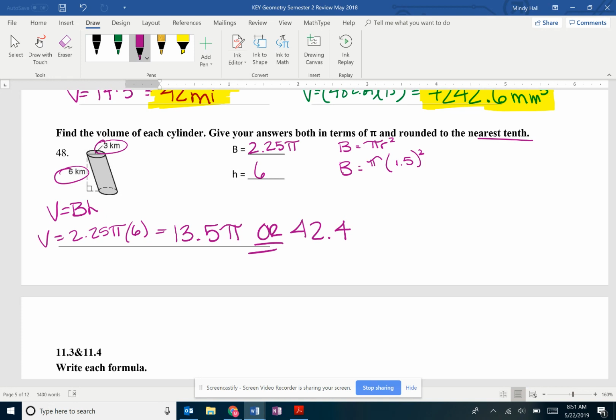So that is our answer. And I totally forgot units. Oopsie. So our units will be kilometers cubed. Okay, all right.